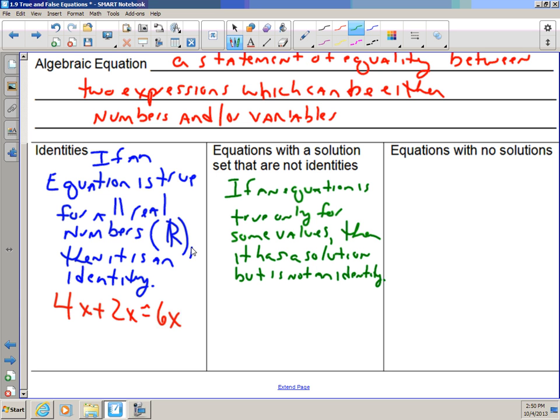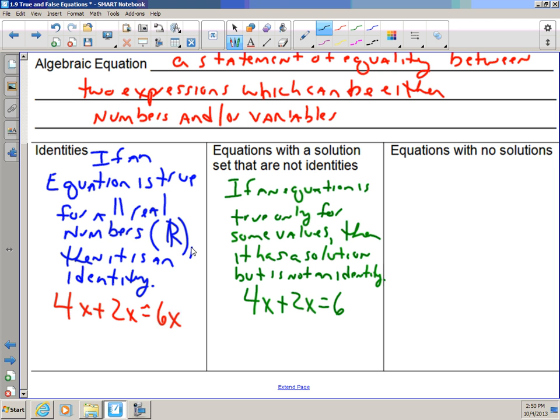So, for example, taking what we just had over here, if I change this simply to 4x plus 2x equals 6, I now have an equation that has a solution, the solution being 1, and that is the only real number that will make that statement true.